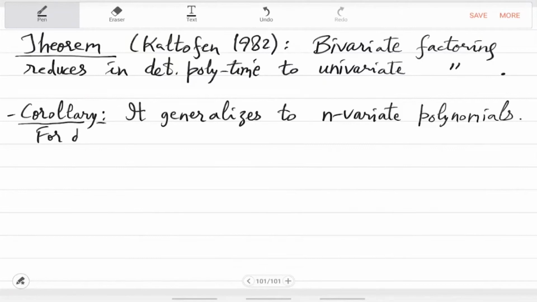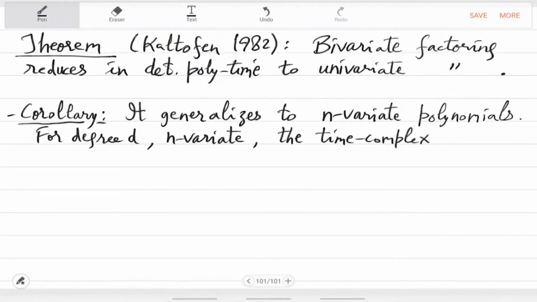So for degree d, n-variate, the time complexity is polynomial in what?